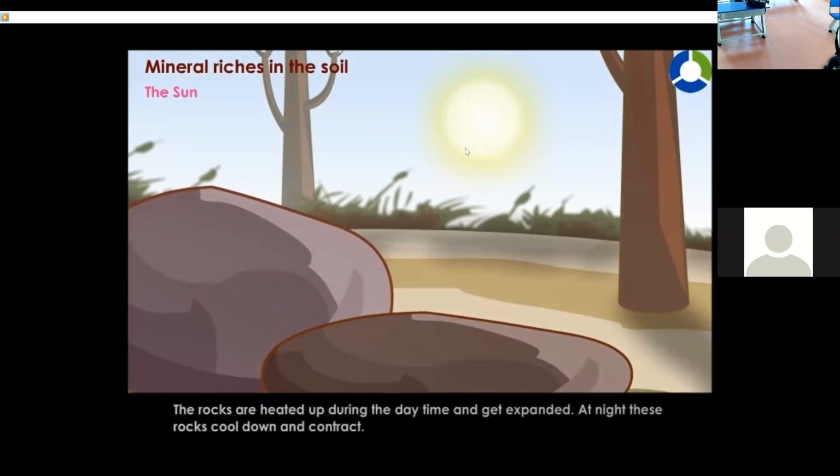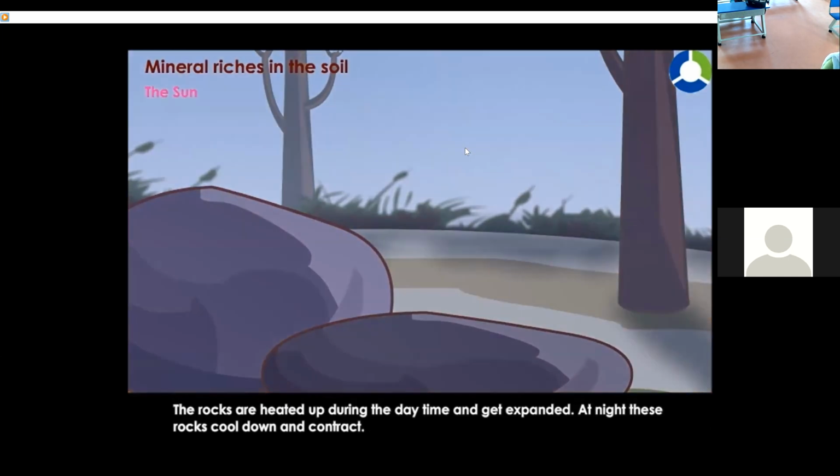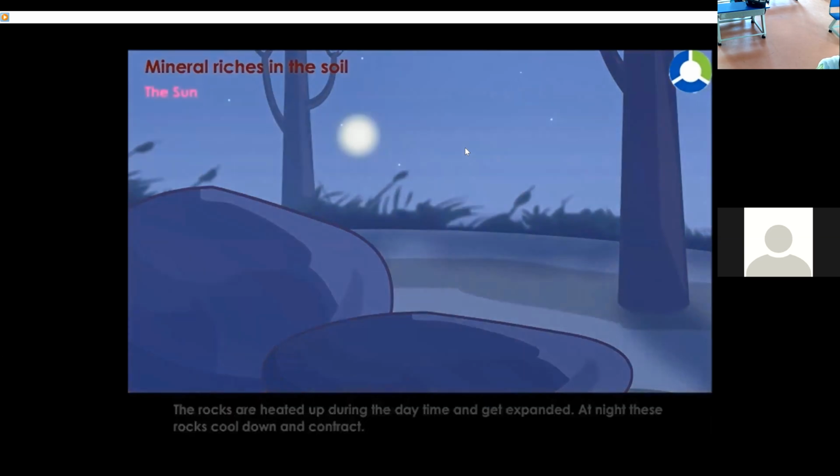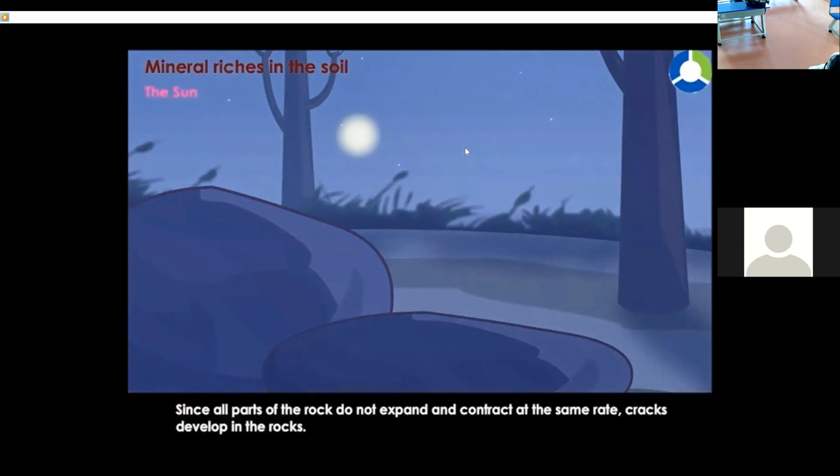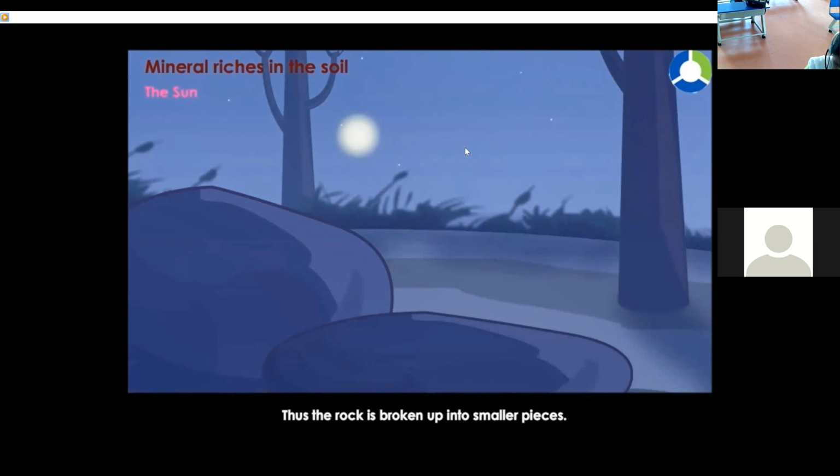The rocks are heated up during the daytime and get expanded. At night, these rocks cool down and contract. Since all parts of the rock do not expand and contract at the same rate, cracks develop in the rocks. Thus, the rock is broken up into smaller pieces.